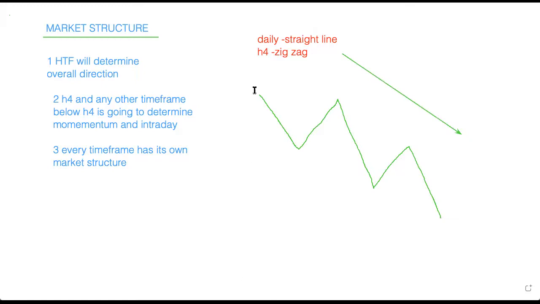Because we have lower highs here, creating lower lows, and lower highs, breaking previous lower lows to create new lower lows, and lower highs again that break previous lower lows to make new lower lows.